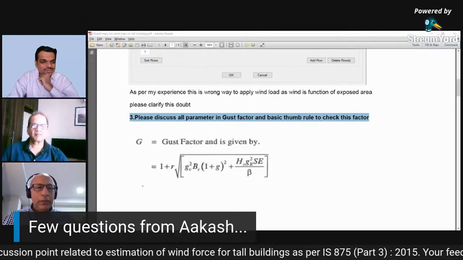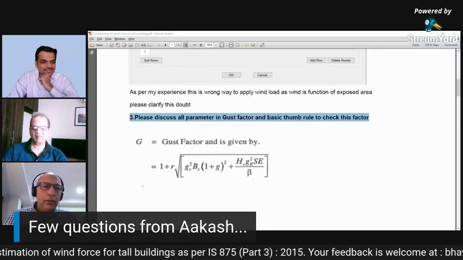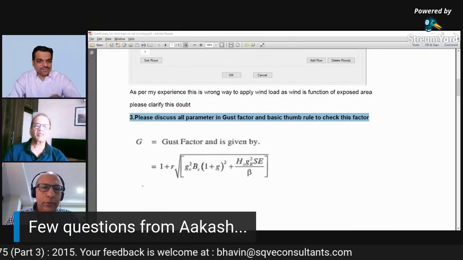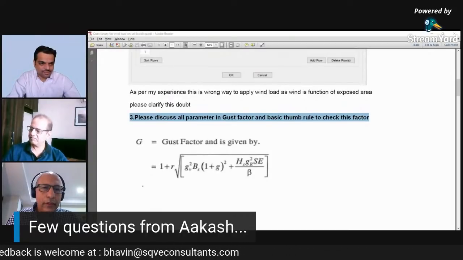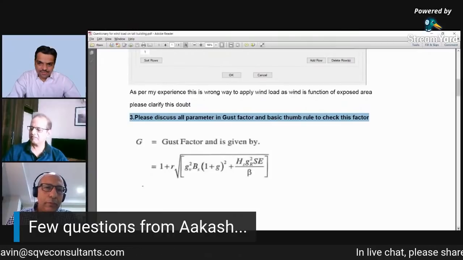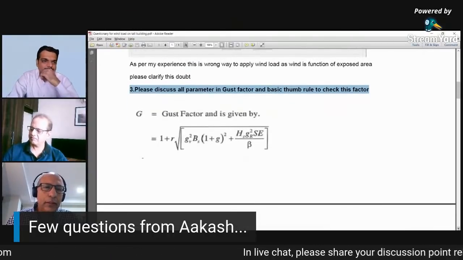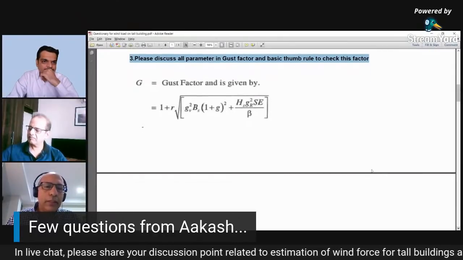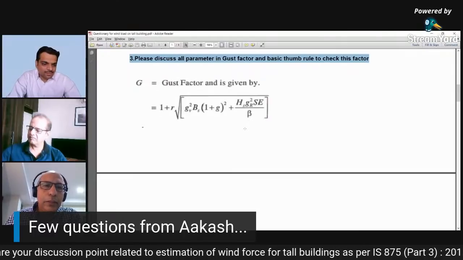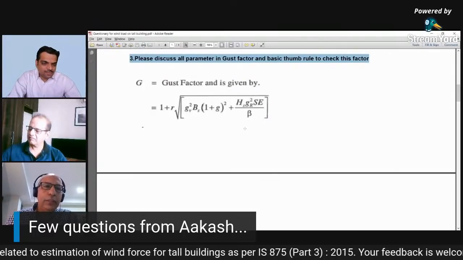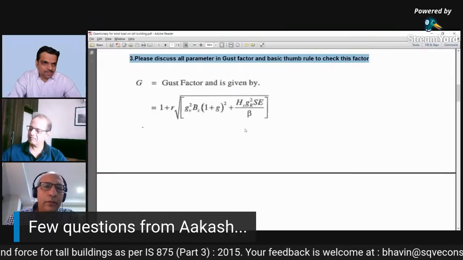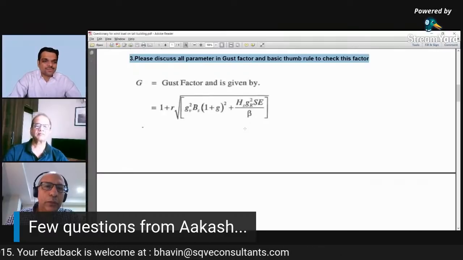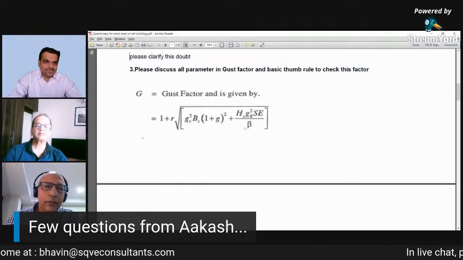There's the mean, which is the static part of the response, and this mean here is the number one. Because you're multiplying the mean by this whole factor, the one means the mean plus the following. The next term here is the dynamic part, which consists of two key parts. There's the background response, which is the first term that you see here, which is why we call it B for background.